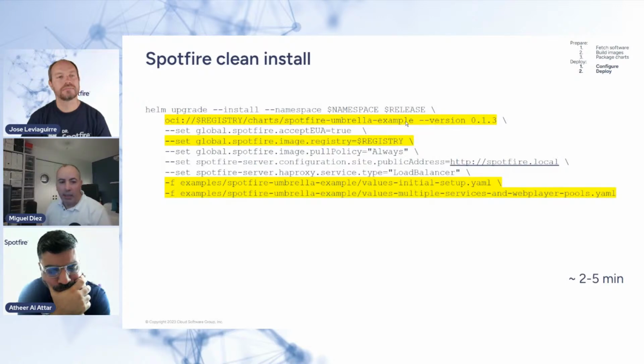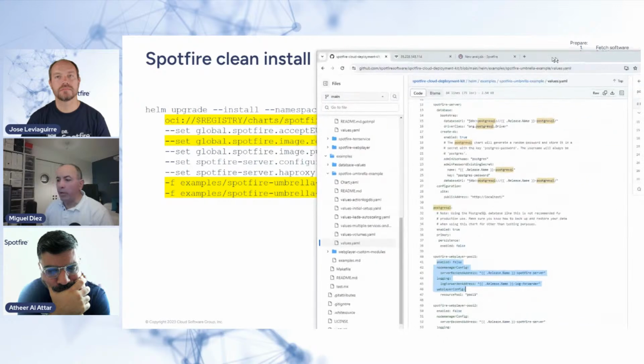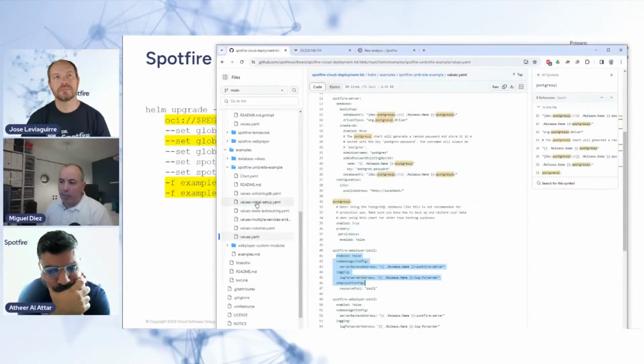and this time I'm not gonna use the umbrella chart through the folder as I did before. I will pick the umbrella chart through a registry. I will tell the registry which version I want, and I will use a couple of custom values. In this example, I'm gonna use directly a couple of examples that are here.